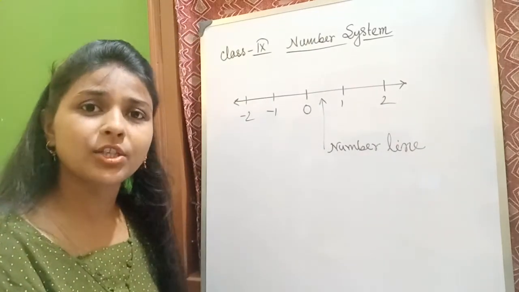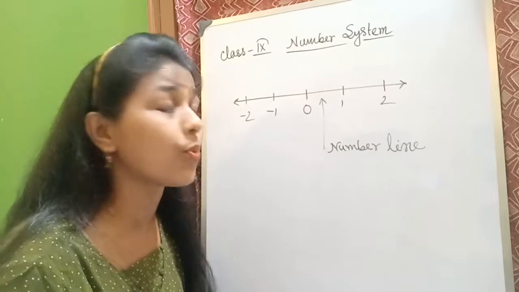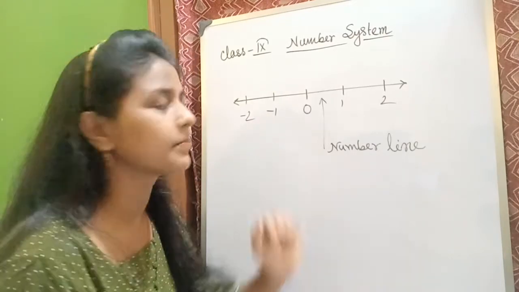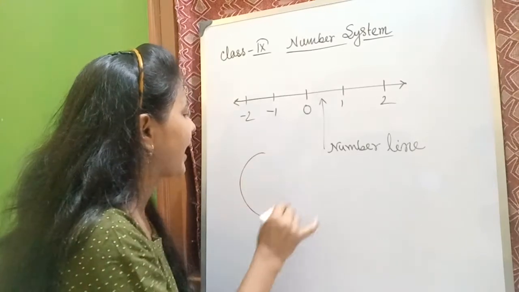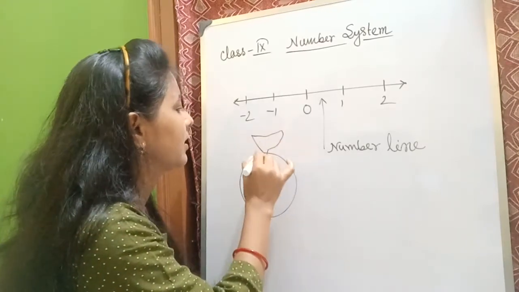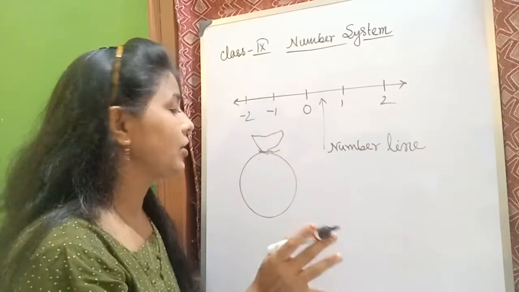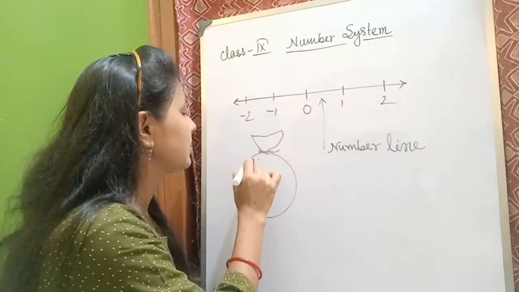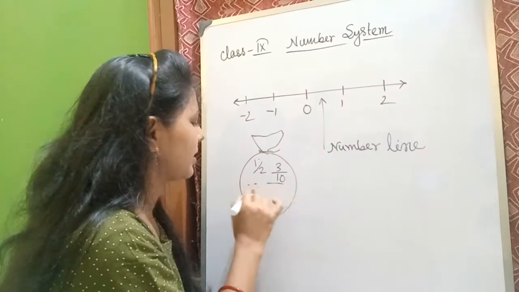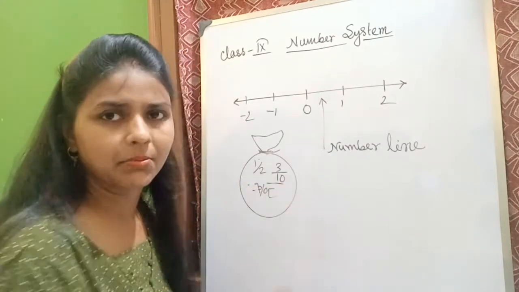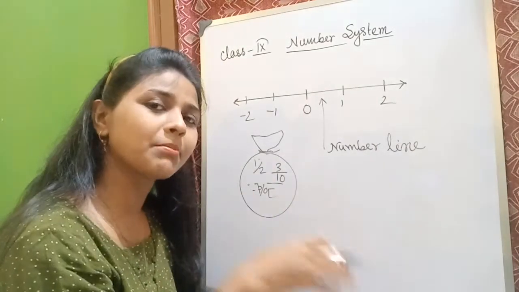Now in the first session I also used a particular word, that is real number line. Now why is it called the real number line? Think about a bag, and you are putting all your rational numbers in it, like half, like 3 by 10 and whatever, all p by q rational numbers, and then you are putting in irrational numbers also.